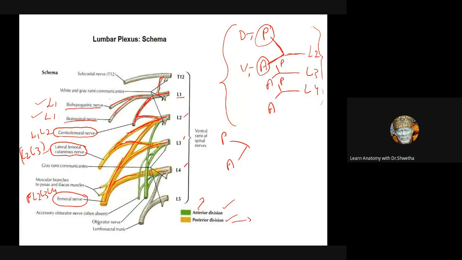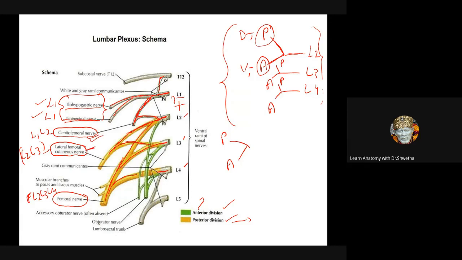Now, at this juncture, we will just have a quick revision. L1 gave how many branches? Two branches, ma'am. Very good. Two branches. That is the iliohypogastric and ilioinguinal nerve. Then L1 plus L2 gave how many branches? One, the genitofemoral nerve. Very good. Now, the lateral femoral cutaneous nerve was from which?